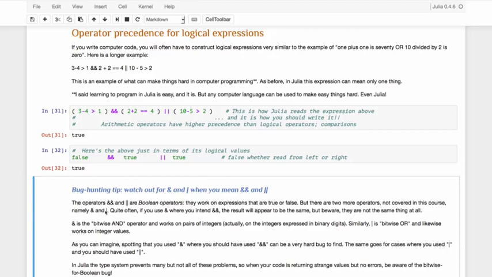Single ampersand and single vertical line are bitwise and and bitwise or, and they operate on integers. In fact, the integers are first expressed in binary digits, and then bitwise and, for instance, goes binary digit by binary digit and operates on both integers like that.